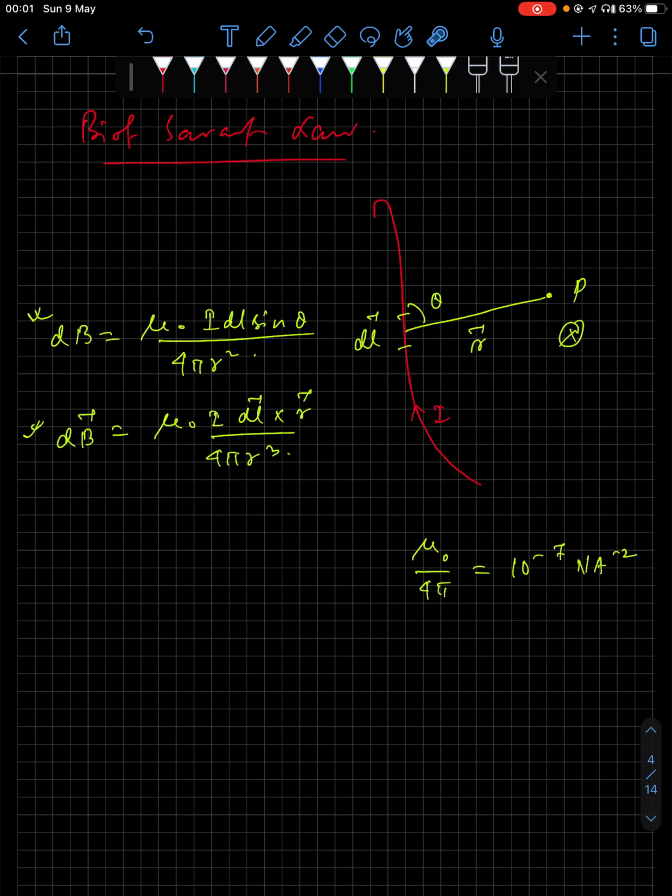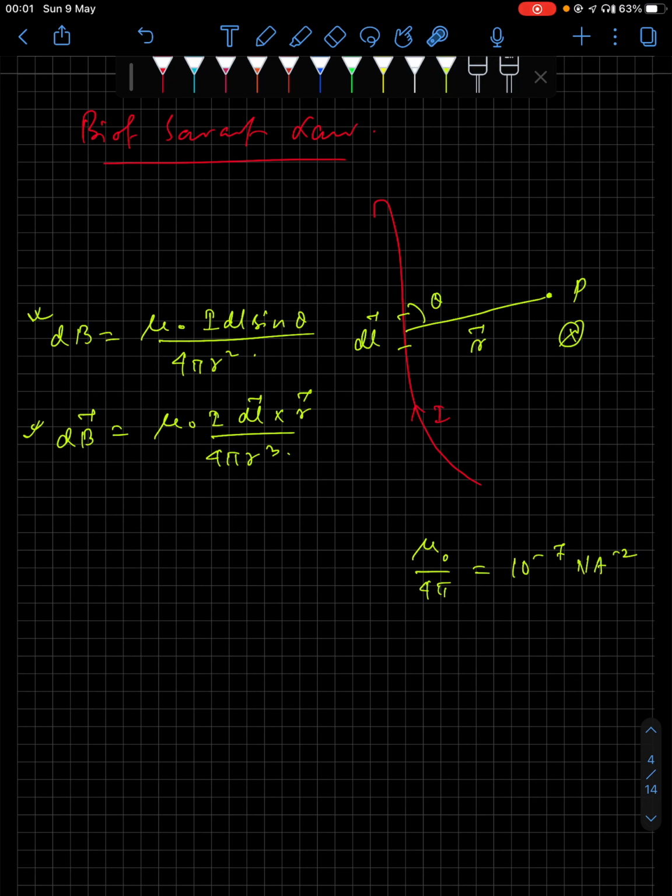If the wire is of infinite length, then phi 1 equal to phi 2 equal to pi by 2. You see, if the wire is of infinite length, these angles will keep on increasing, and we'll consider the values of phi 1 and phi 2 to be pi by 2.